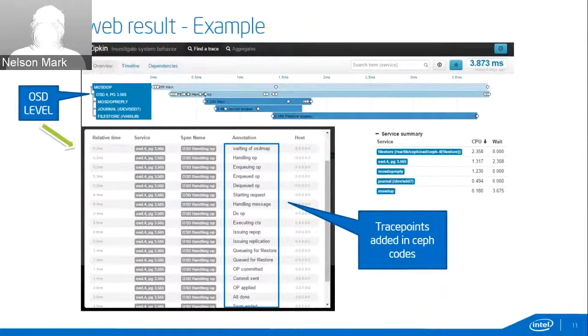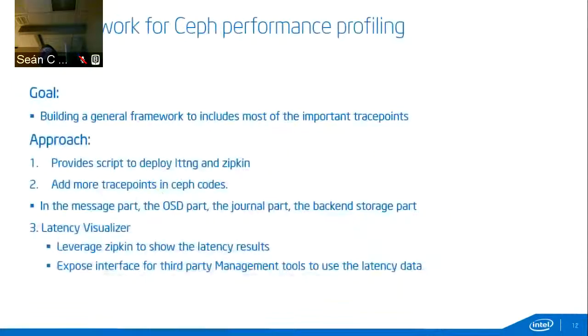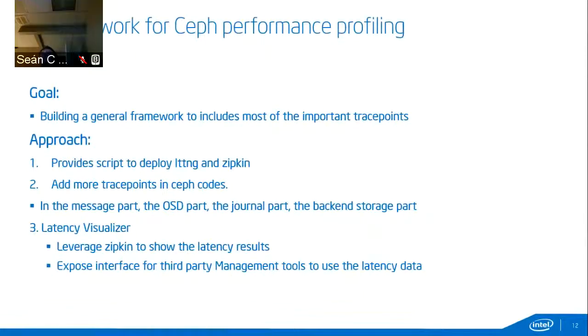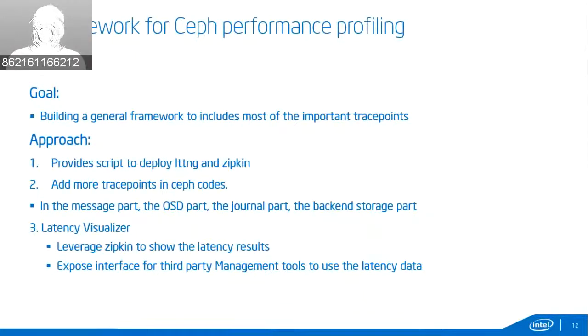Thank you. Okay. Then our goal is building a general framework to include the most important trace points and using the blocking patch. Our approach would be in these 3 steps. One is to provide a script to deploy LTTng and Zipkin, because they are 2 different separate modules.